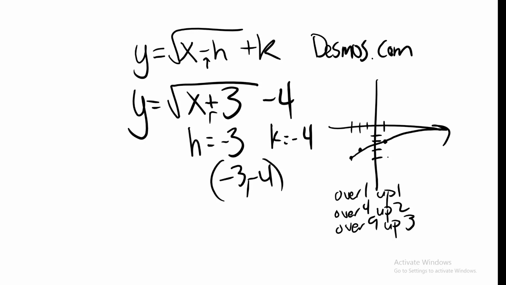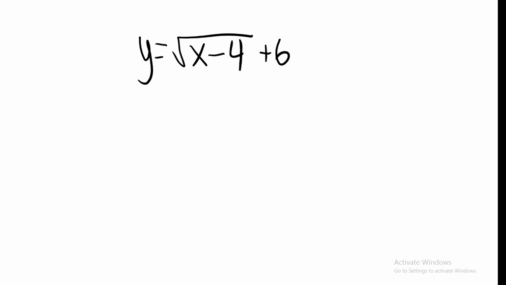I was going to do one more example of this style. Now we're going to take the equation y equals the square root of x minus 4, plus 6. Here, because it's x minus h in the equation, 4 is going to be my h, and 6 is going to be my k.